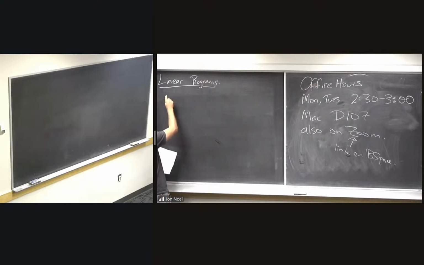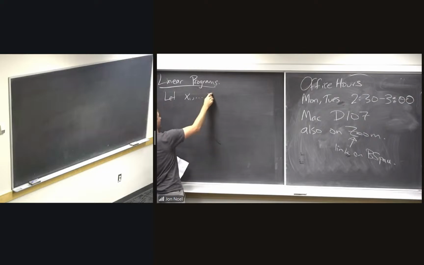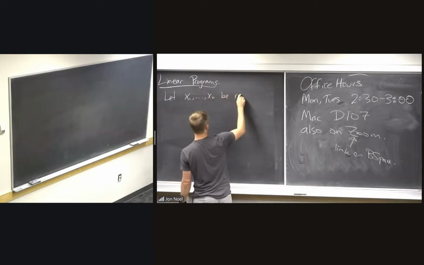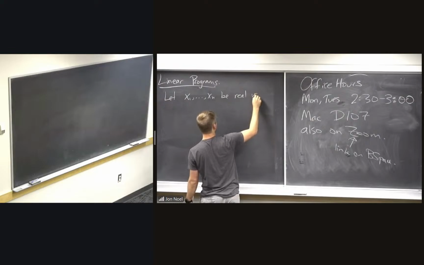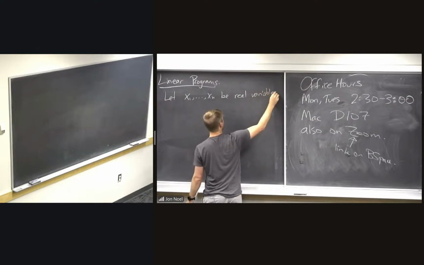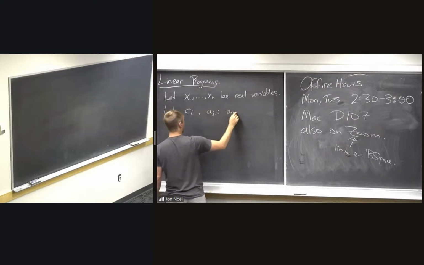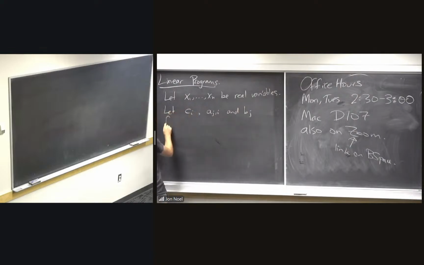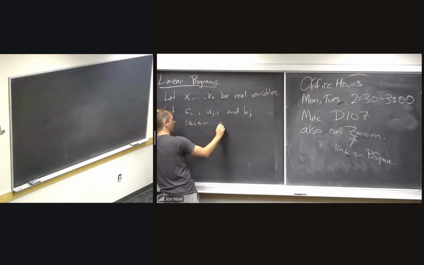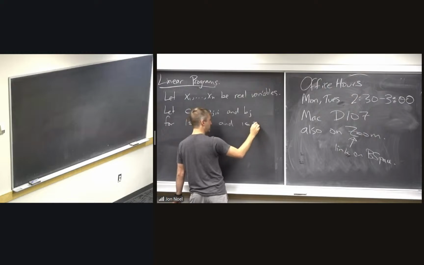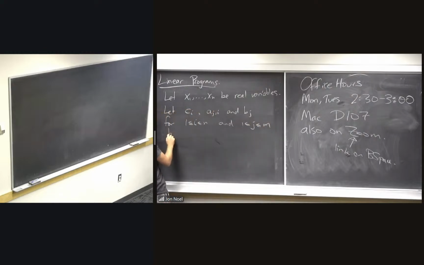So here's the setup. You've got n variables, x1 up to xn. Let's say these are real numbers, so they're real variables. And let ci, aj, and bj, for i between 1 and n, and j between 1 and m, be real numbers.